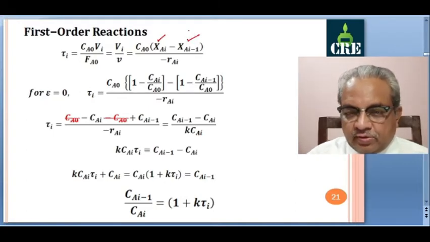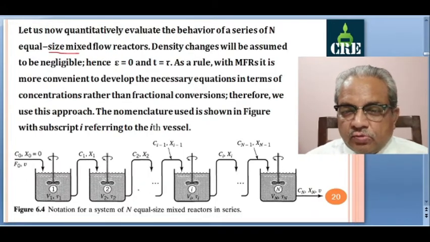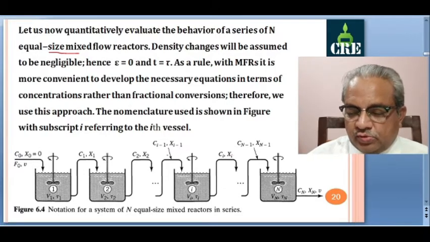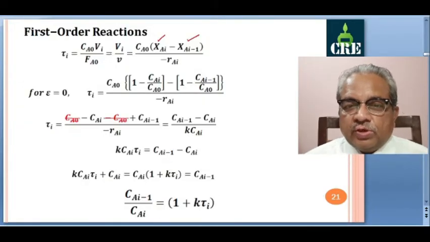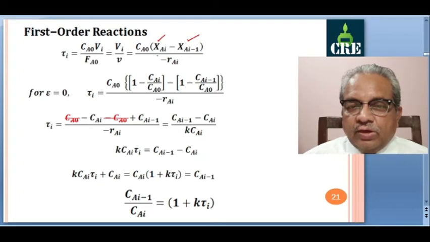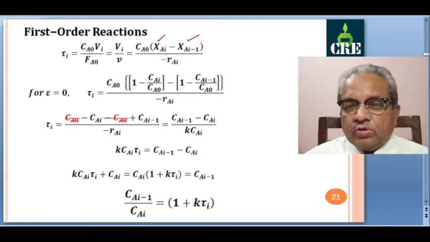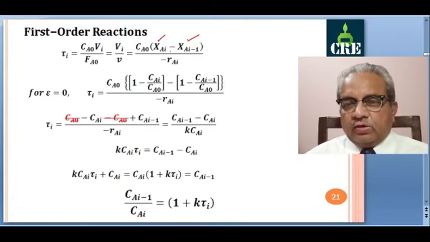So you can see this is our ith reactor, leaving Xi and entering from the i minus 1th reactor. So we'll use this nomenclature. And here I am using Xa instead of just Xi mentioned in the figure, because we are habitual of using Xa, Ca and it is better to maintain that.